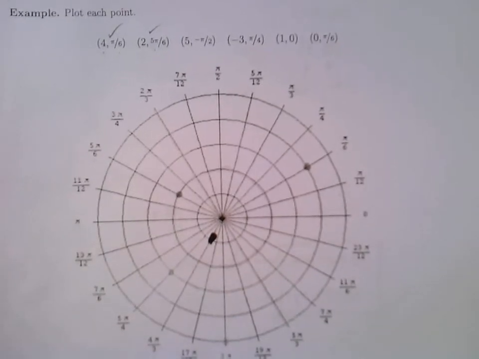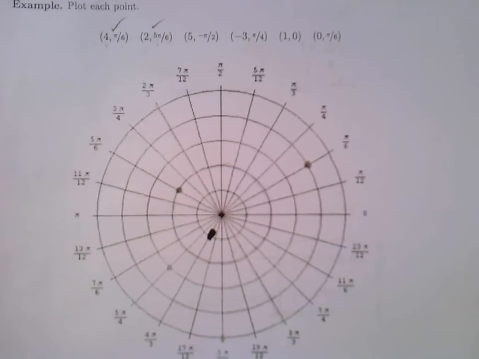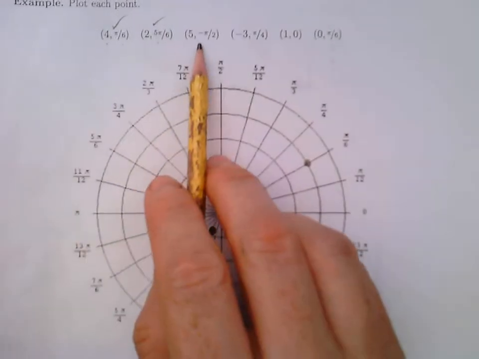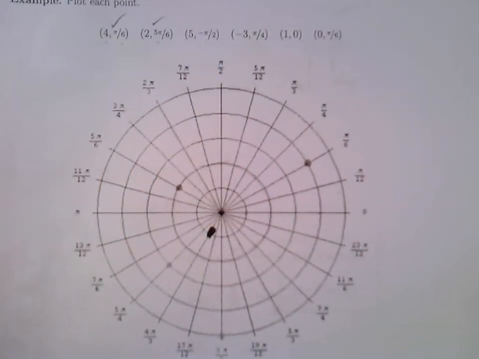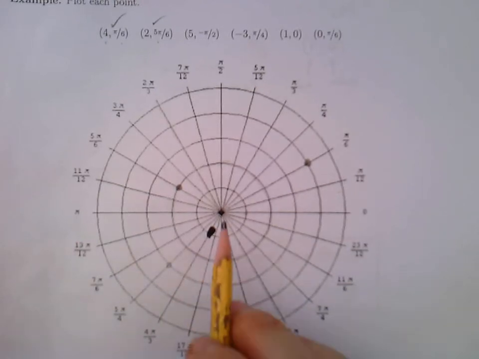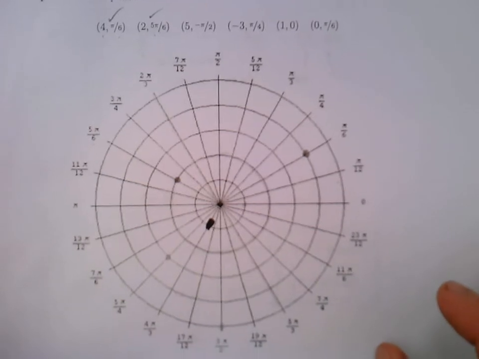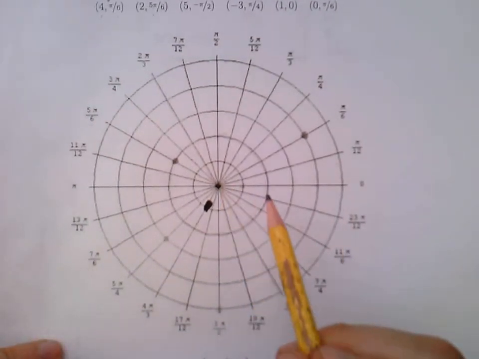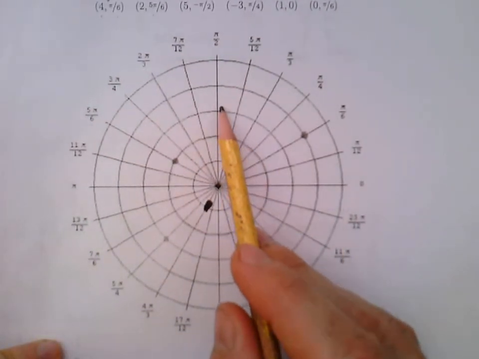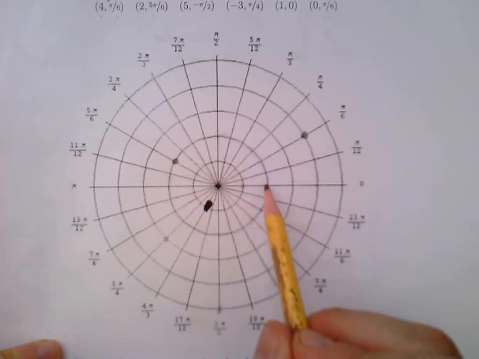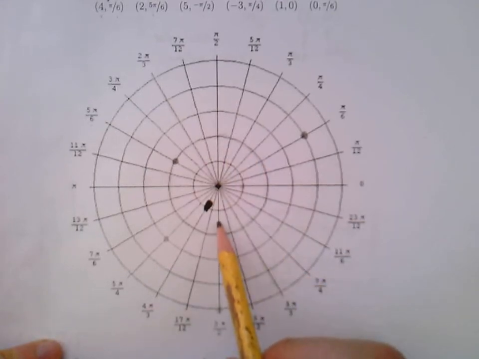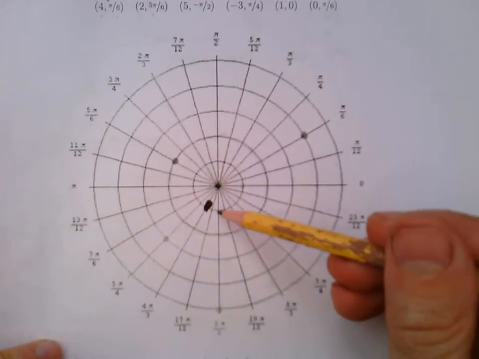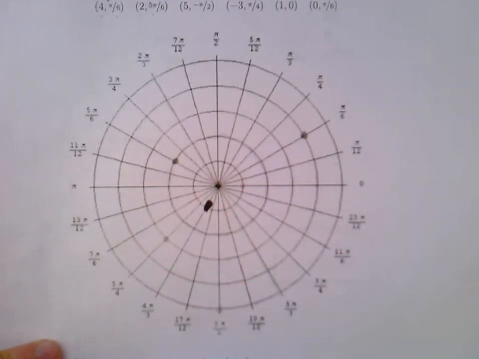Let's throw some negatives in, and then we'll do some zeros to finish off. How about 5, negative pi over 2? Interesting. Let's find, well, where's negative pi over 2? I have to rotate down, right? If there's pi over 2, negative pi over 2 means I rotate this way, and then I go out 5: 1, 2, 3, 4, 5, and I'm all the way down here.